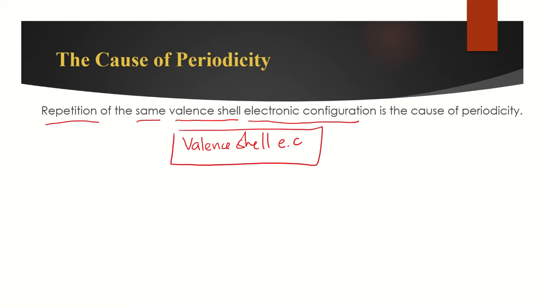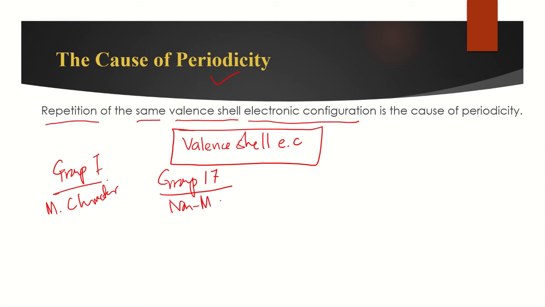So, the electrons distributed in the valence shell are the cause of periodicity. As we have already discussed in the example of group 1 and group number 17, group number 1 elements show metallic character, and group number 17 show non-metallic character.